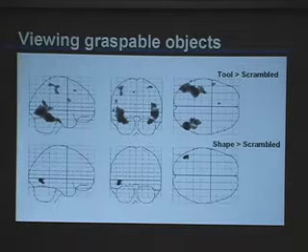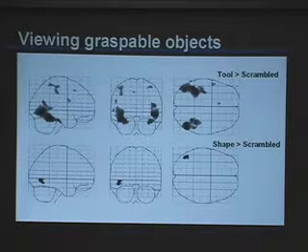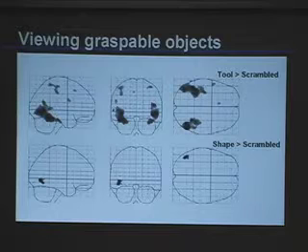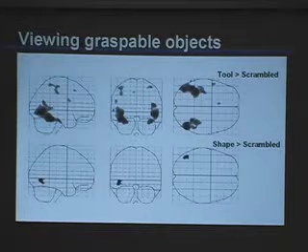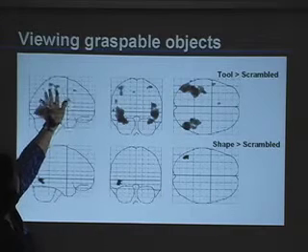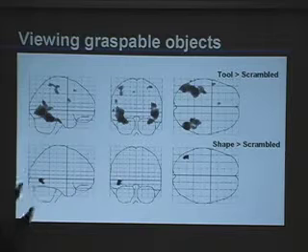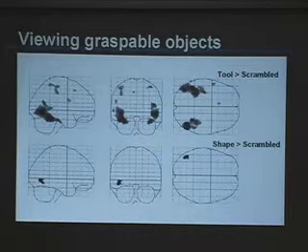So in the tool, the upper level here, we replicated the previous tool results. So we found activation, and here this is representing the premotor cortex and the parietal cortex, as well as a very large cluster in occipital-temporal regions.